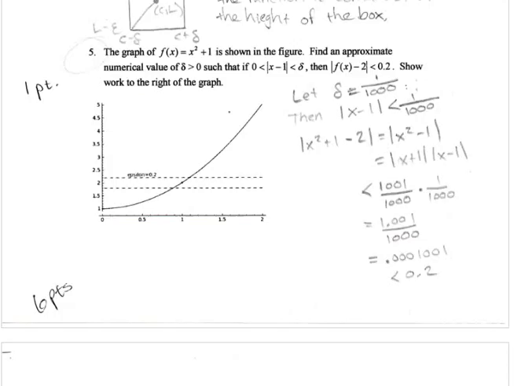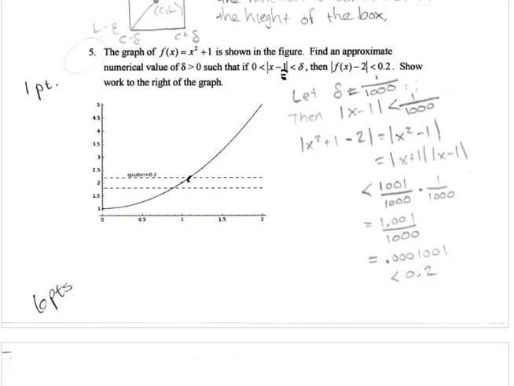Show the work to the right of the graph. This is exactly like the problem that was displayed on the homework. Maybe the epsilon value is different, but it's exactly the same.